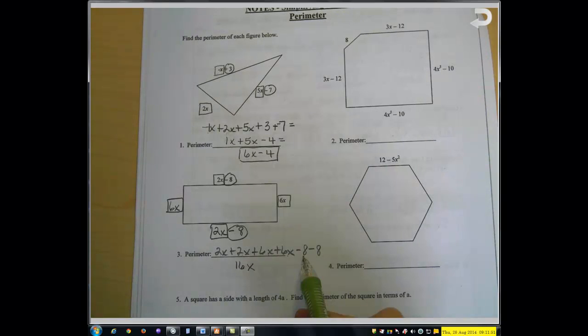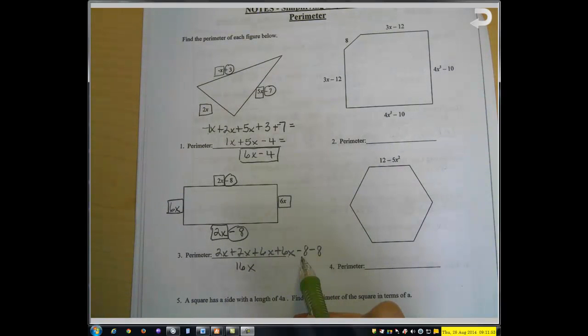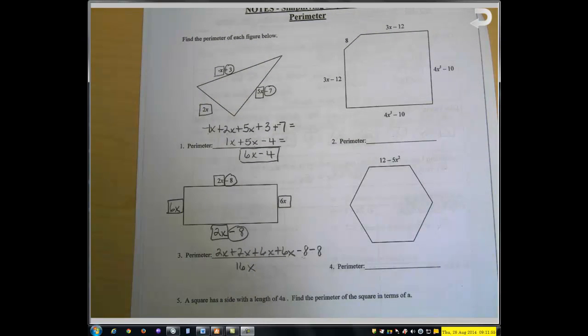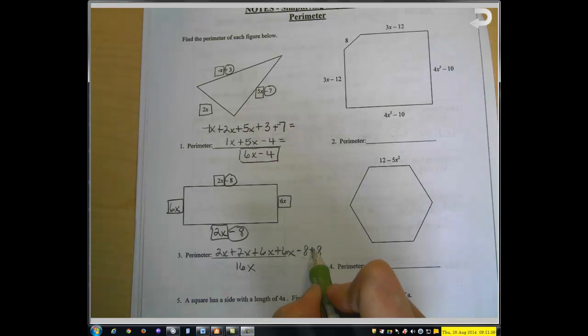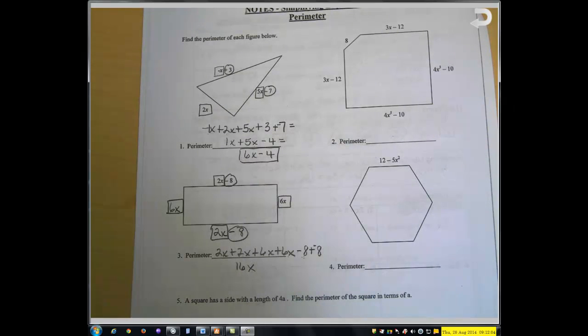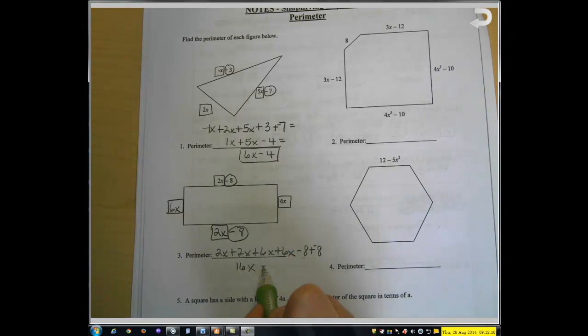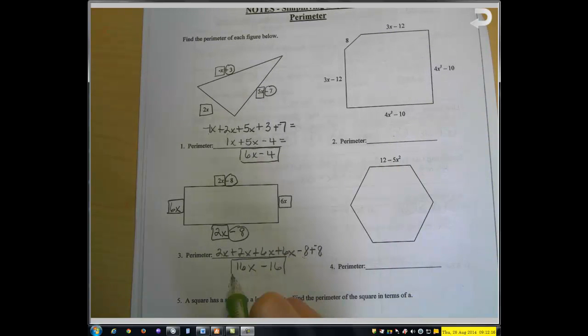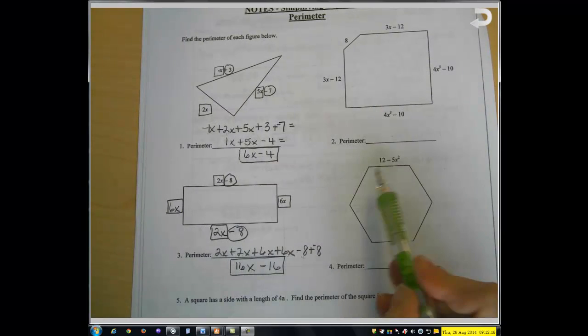Now let's combine our constants. Negative 8 minus 8 can be changed to negative 8 plus negative 8. So our two integers that we're adding have the same sign. They're both negative, so our sign is going to stay negative. Negative 8 plus negative 8 is negative 16.